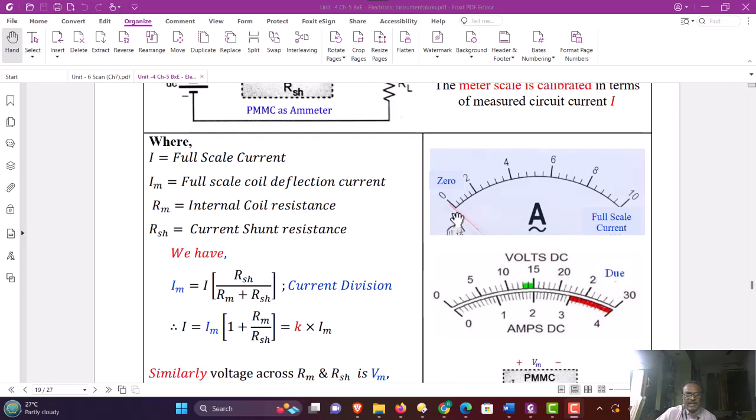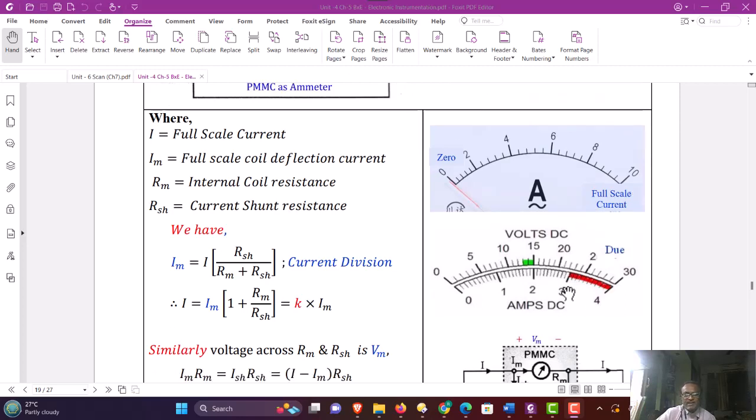Whereas the dial of the instrument shown here is calibrated in terms of the actual current measured to compensate the value of K. A typical dial shown here. This is 0 position and the 10 ampere maximum position shown for this meter.